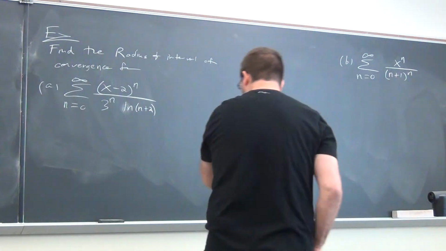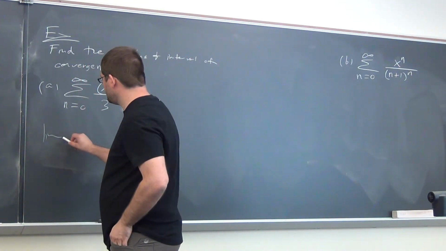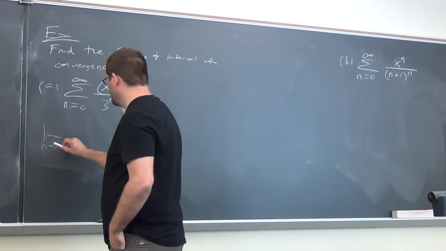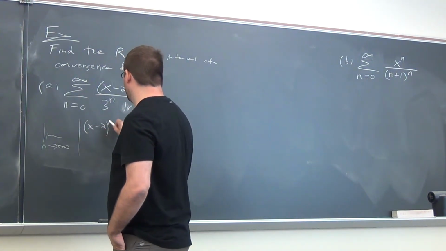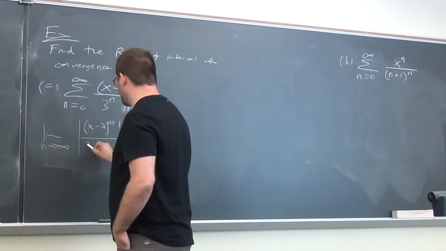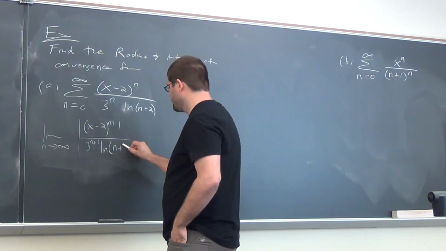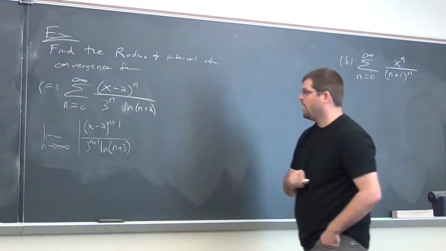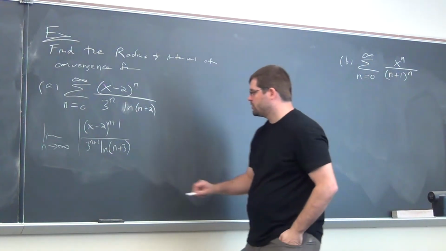All right, so if you haven't had time to finish, that's fine. But let's go through these together. And again, this is where we start waving our hands at some things that we made you show last time. I'll just jump ahead. So it'll be x minus 2 to the n plus 1, 3 to the n plus 1, and then n plus 1 plus 2 inside that log, so n plus 3.